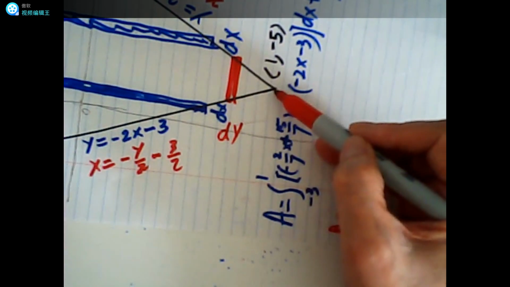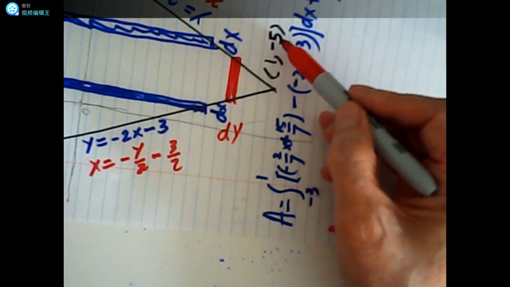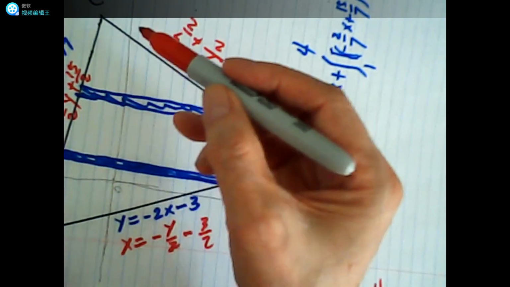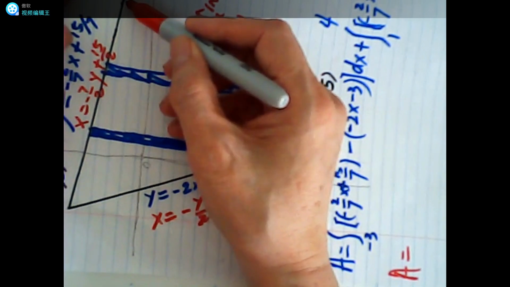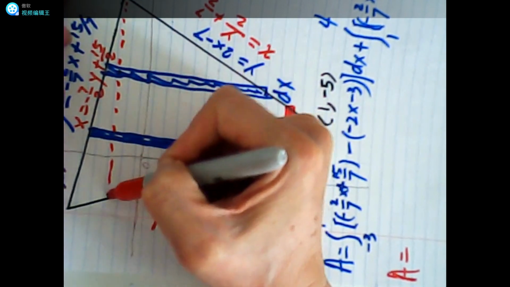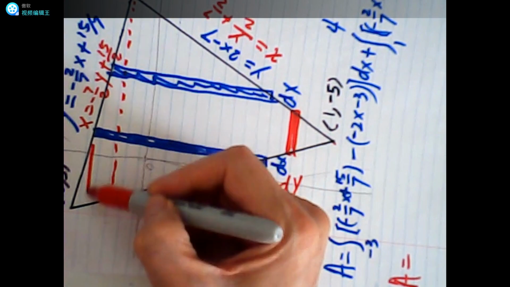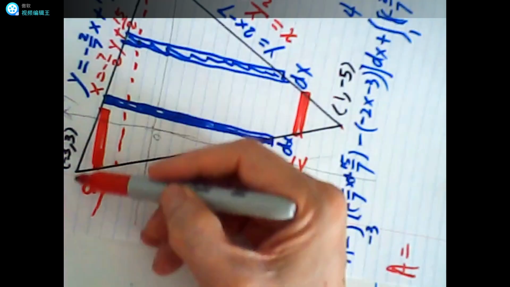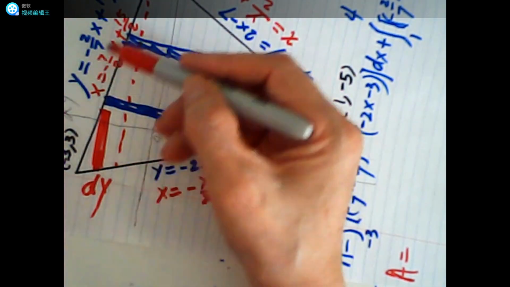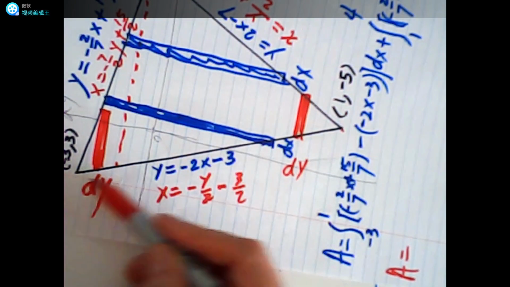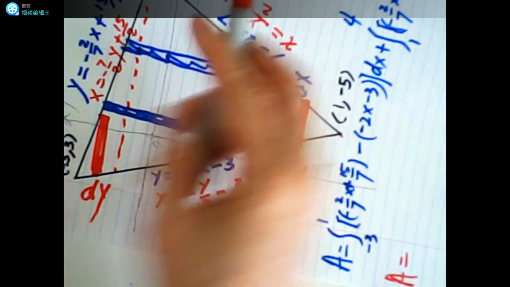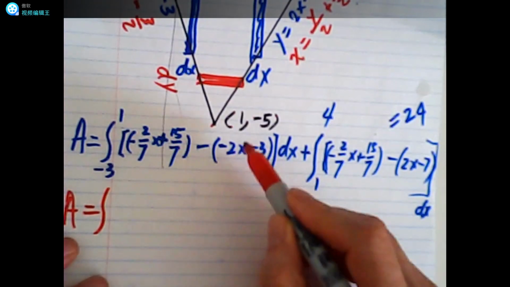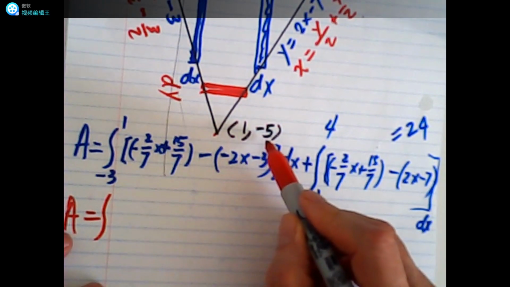Then from this point, which is negative 5, to this point, which is y equal to 1, you have another kind of slices. This is also dy. Then x from this function to this function changes functions. So the area is from minus 5 to 1.